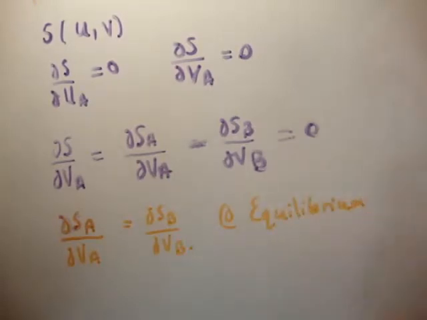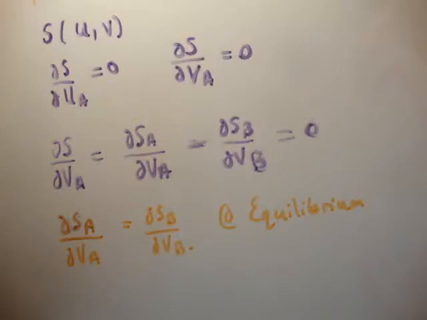So when we can exchange volume, we also have this particular expression that governs equilibrium. From experience, though, we know that two systems are in mechanical equilibrium when their pressures are equal. Mechanical equilibrium means the volumes aren't changing. So it's likely that this is related to pressure.